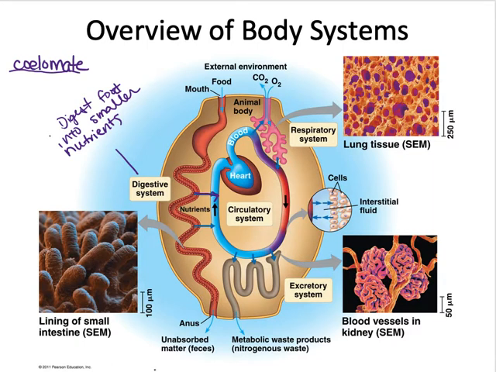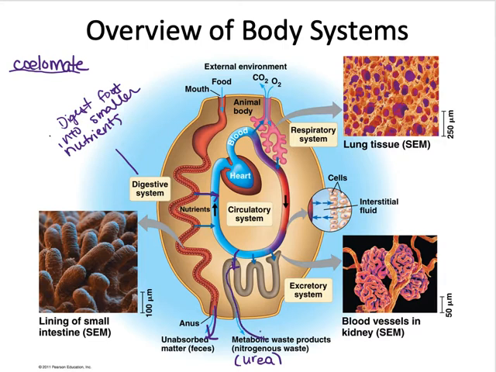Other metabolic waste products that aren't gases, like urea for example, have to be excreted another way. So our digestive wastes come out of our digestive tract through the anus. Our metabolic waste, like urea, is formed in our kidneys to make urine, and that comes out via a separate system called an excretory system.